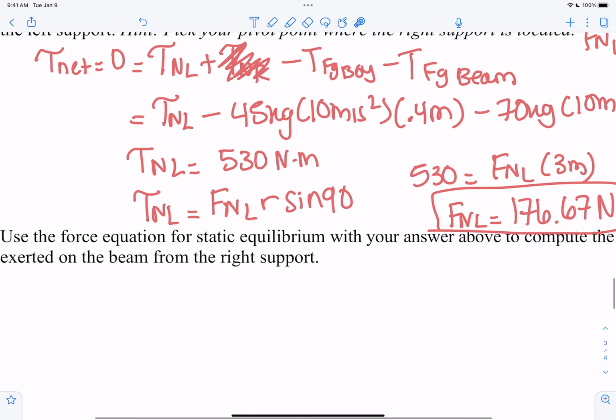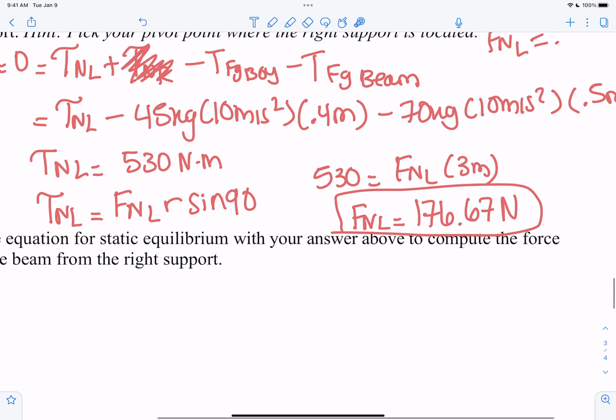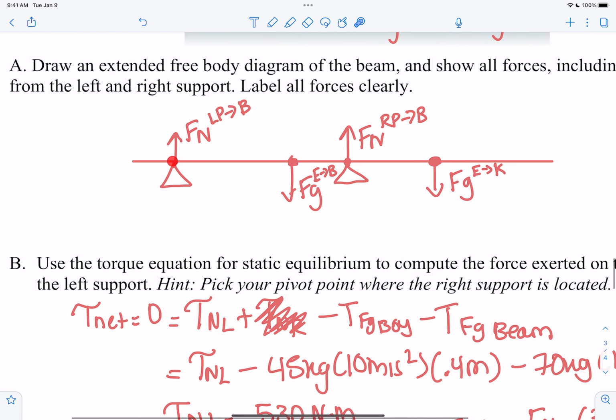So we're interested here in the torque of the left support, and we want to figure out the force of the left support. If we want to figure out how much torque this force is exerting, then we look at how far it is from the pivot, and the pivot was the right support. So if this is the pivot, this is 0.0 basically.